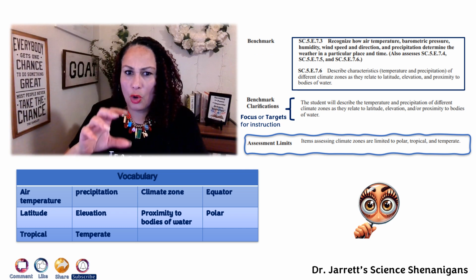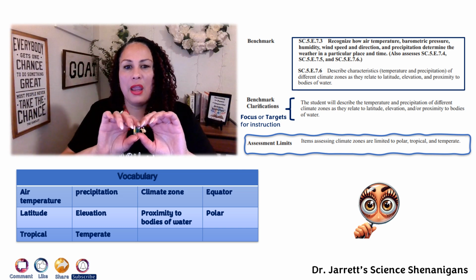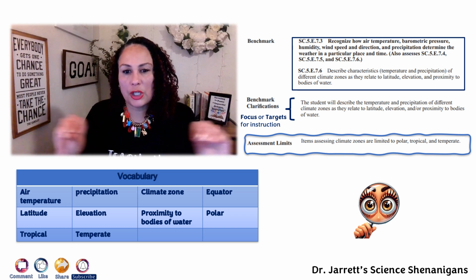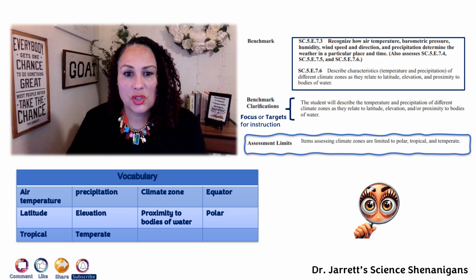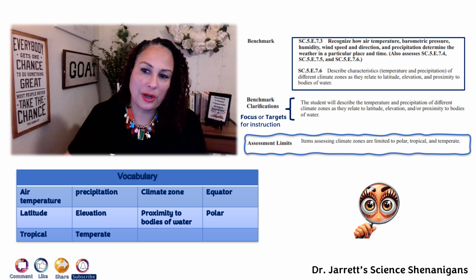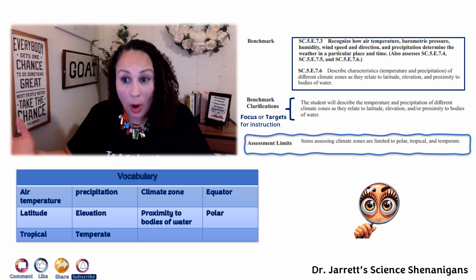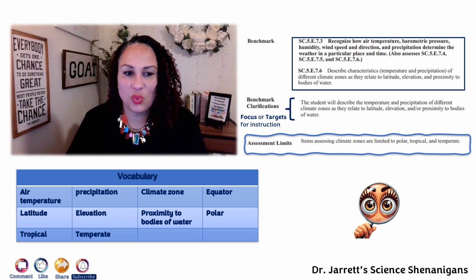So that would go right in tune of what we were talking about from that quick draw, where if the tropical climate is closer to the equator, it's going to be warmer there. So when we talk about elevation, the higher you go, the colder it gets. So the further away from the warmth, you could say, the colder it's going to get as well.